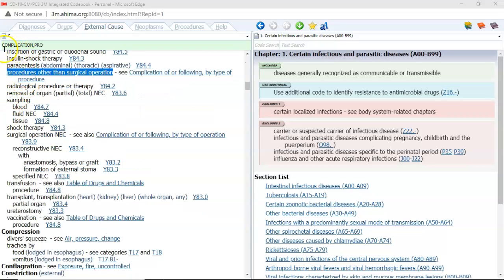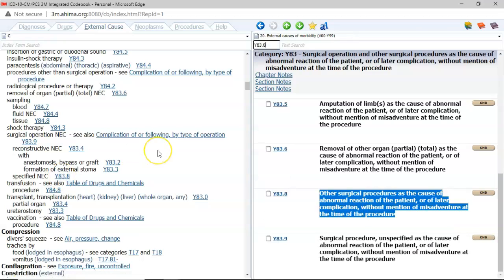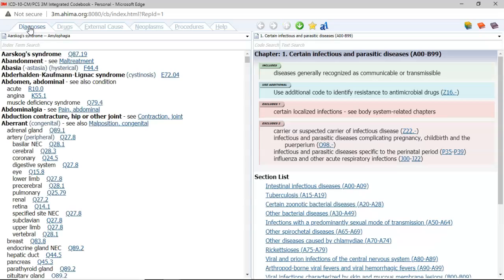And what we have is a complication of a surgical operation. And when we look at our options here, ours is specified NEC, Y83.8. And when we study external cause codes, we'll talk about your facility policy for using them.